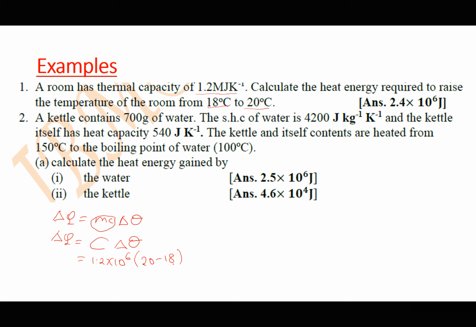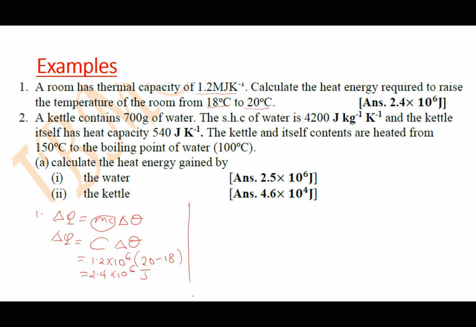That is 2, so 2 times that gives us 2.4 times 10 power 6 joules. So that is the amount of heat required to raise the temperature of the room from 18 degrees Celsius to 20 degrees Celsius.